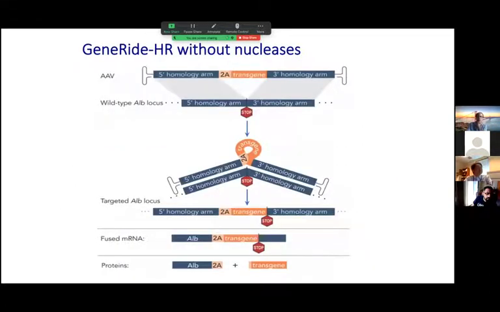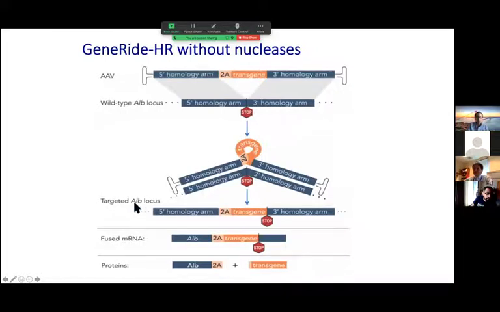Our lab developed something we call GeneRide. So we use AAV for homologous recombination without nucleases. We design a homology arm to the region we want to integrate the DNA. In between that, we put a P2A, which is a ribosome skipping site, with the coding transgene product. We can then get homologous recombination at that site.